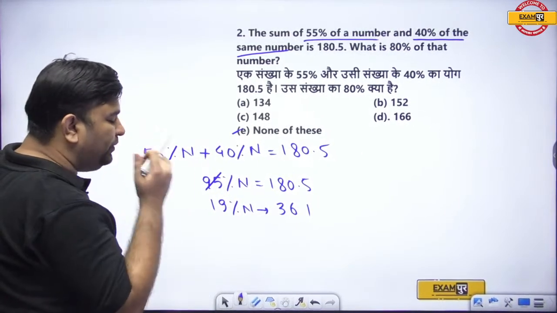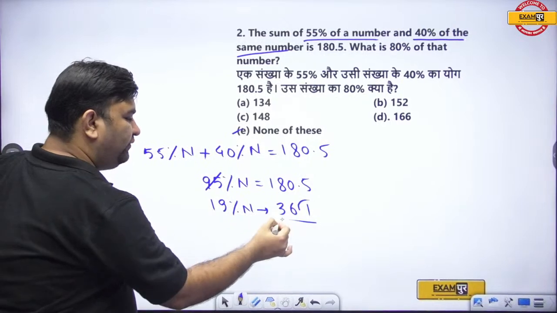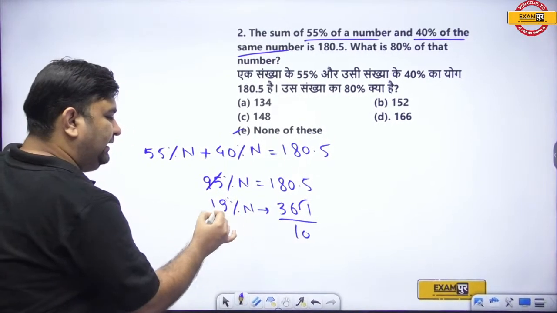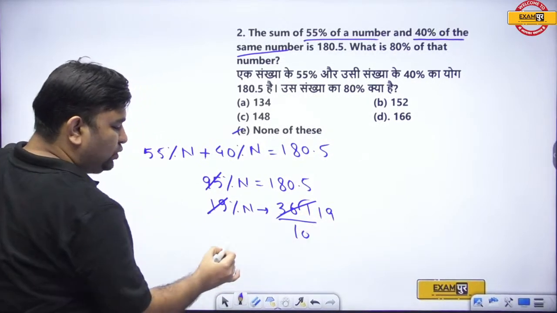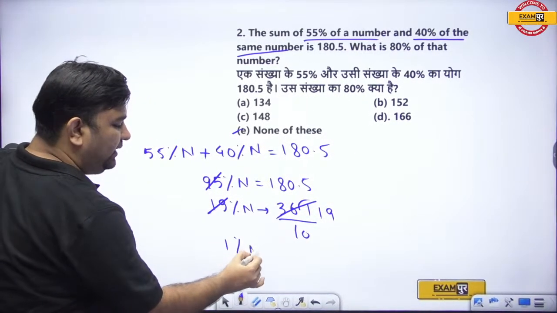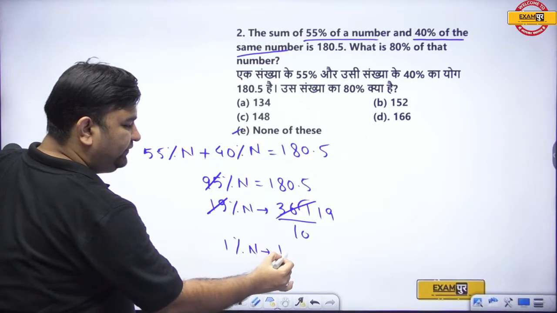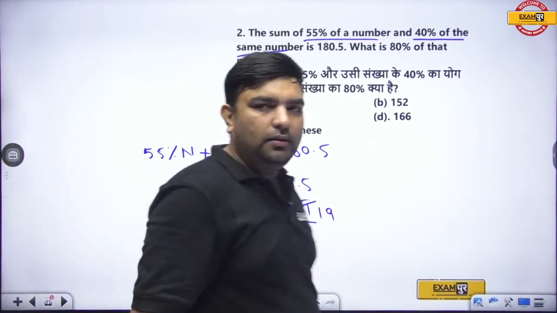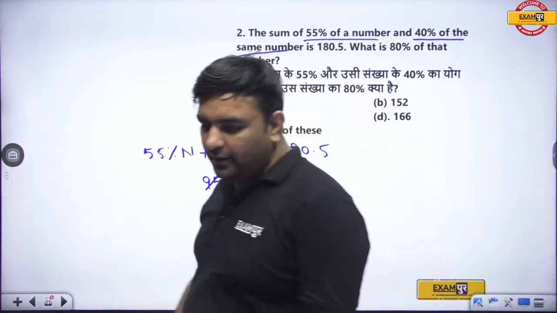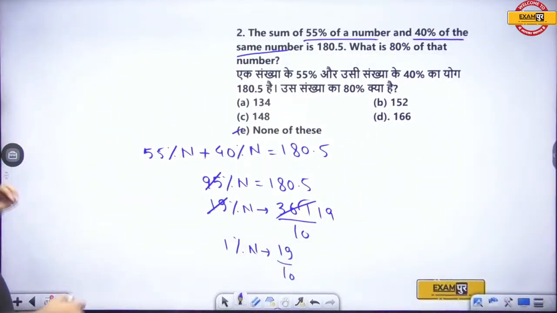For your kind information, guys, 19 nines are 361. So 1% of the number is 19 by 10.